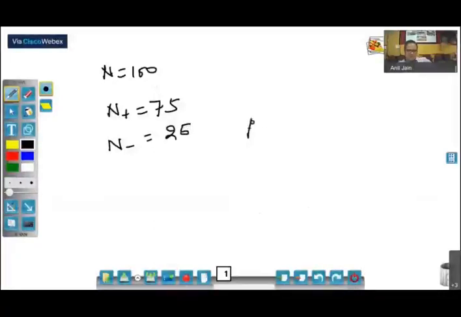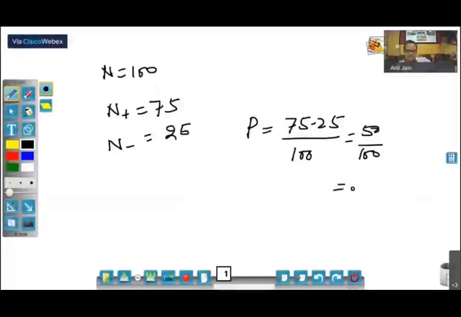In this case, my polarization is (75 minus 25) divided by 100. So it means 50 divided by 100, which is 1 by 2, 0.5. So my polarization of the beam is 50%. This is how we define the polarization of the beam.